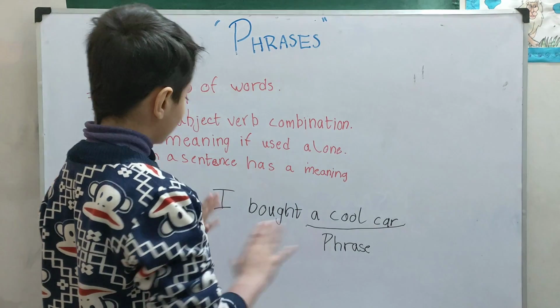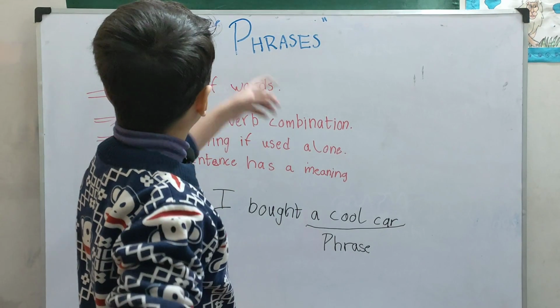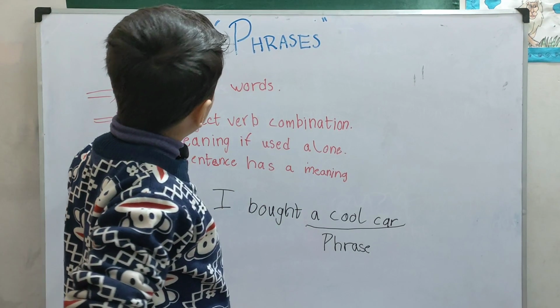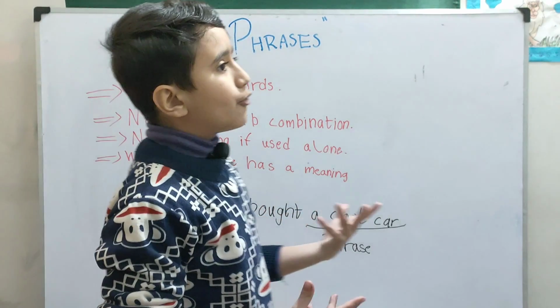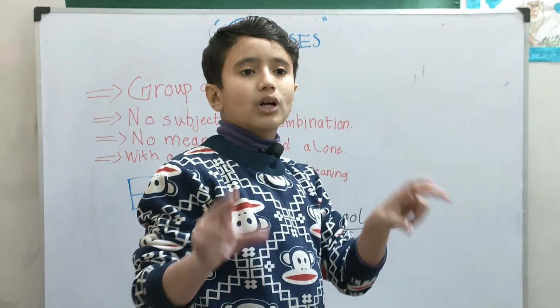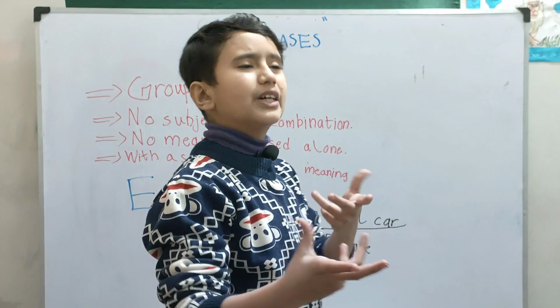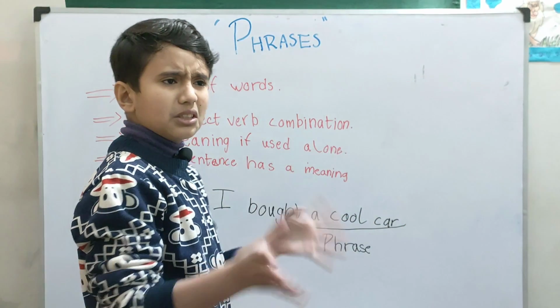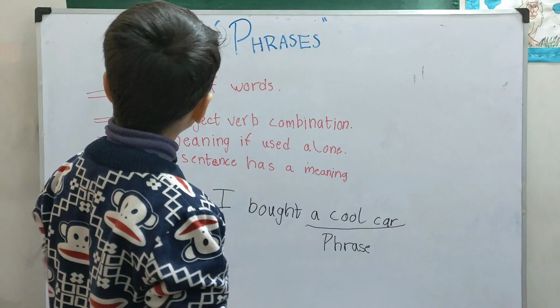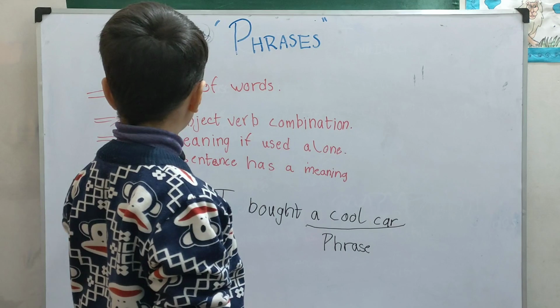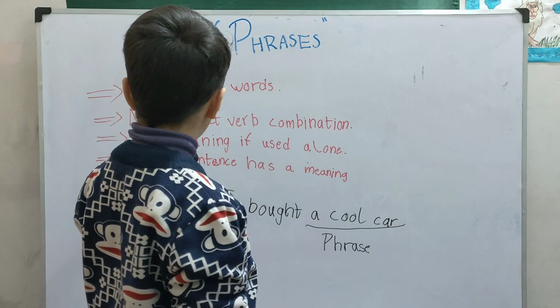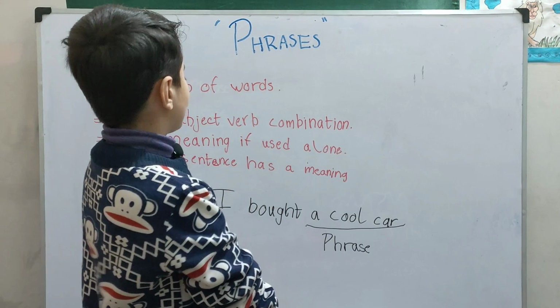So now, what is a phrase? Phrase number one, conditions. A phrase is a group of words with no subject-verb combination, with no meaning if used alone, but with a sentence it has a meaning.